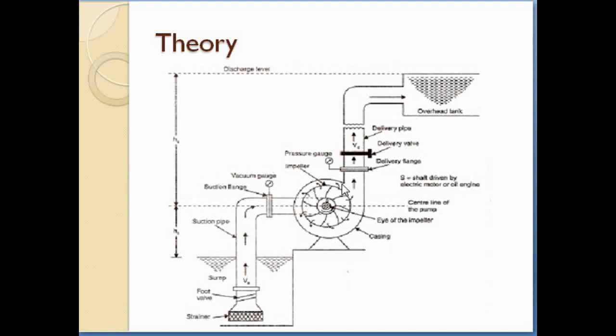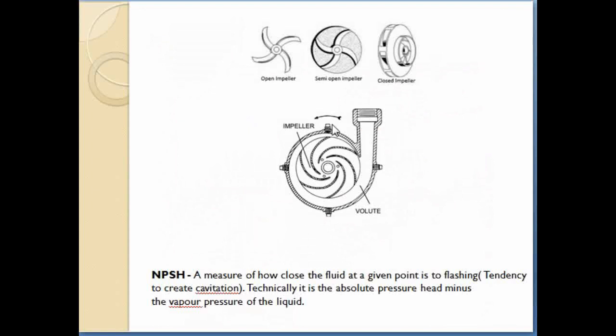And we can see a very important part, that is the casing, that is the involute casing, or it is called the volute casing, which has a differential area of flow. So you can see here there is a small area and the area here is more. In this slide we can see that the impeller is placed at the center and the casing is placed outside the impeller, and we can see that it has a number of blades, backward curved, radially outward blades.